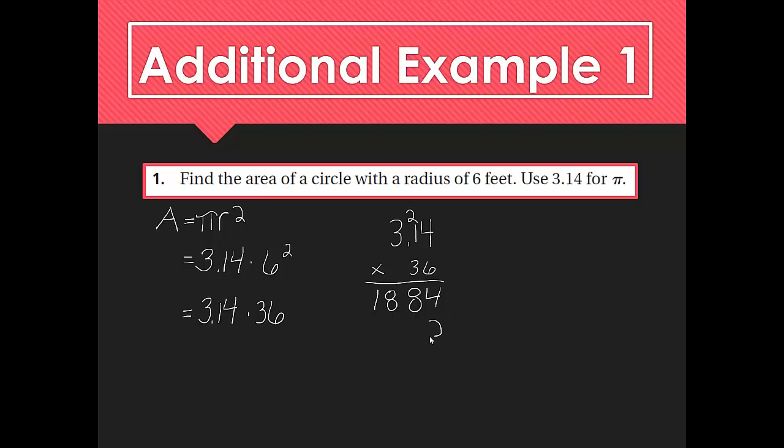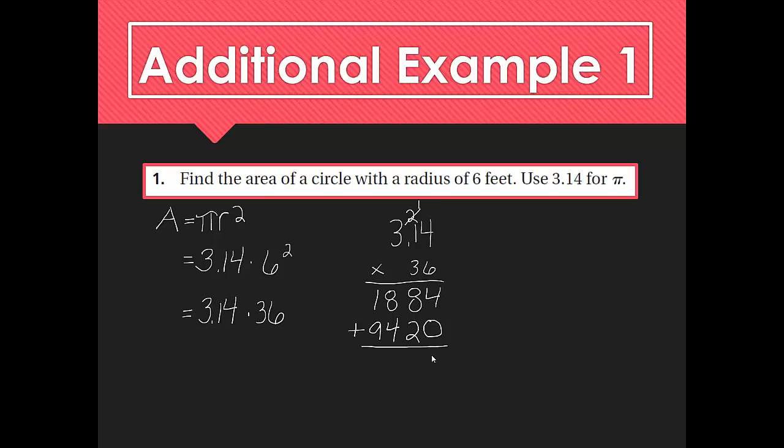Now we're going to start with a 0 for our second row, and we will not use that 2. So 3 times 4 is 12. 3 times 1 is 3, plus 1 is 4, and 3 times 3 is 9. Now we can add up our 2 rows.